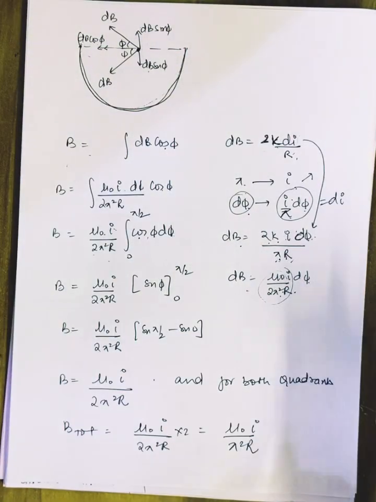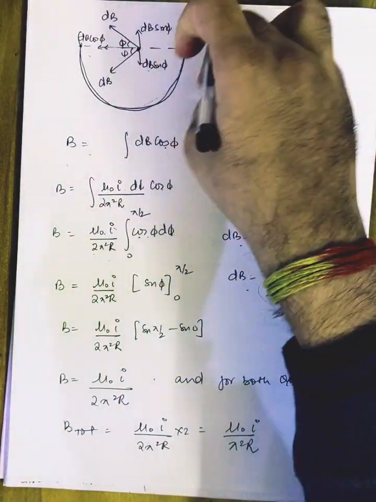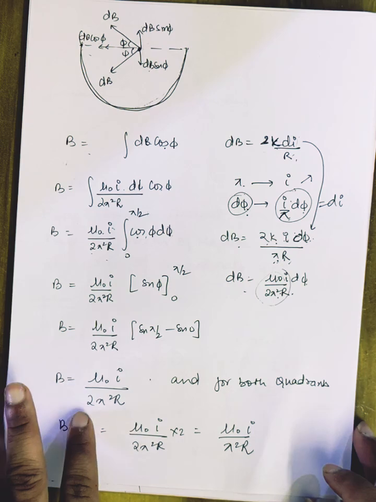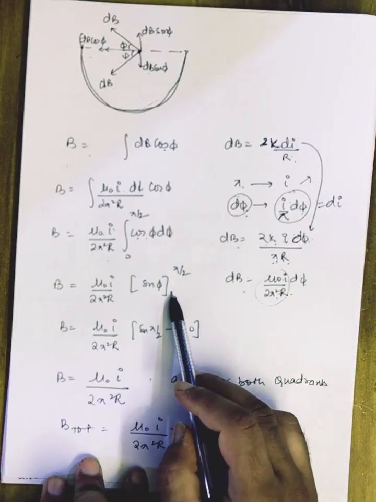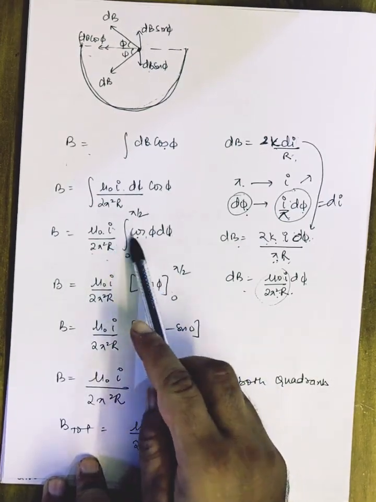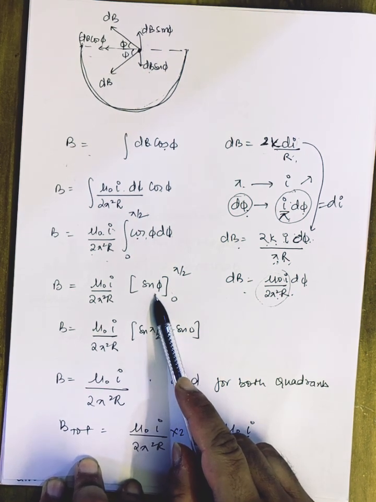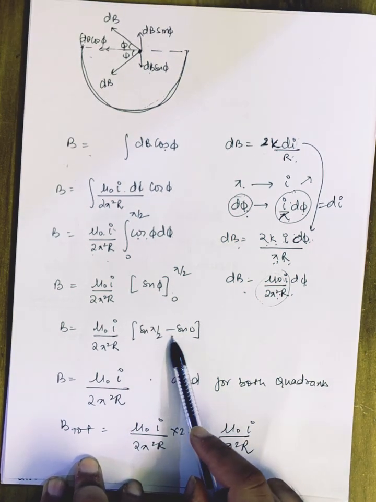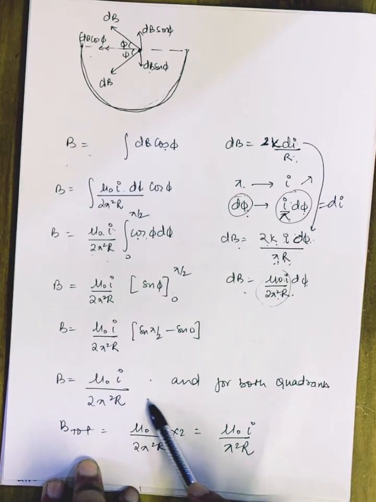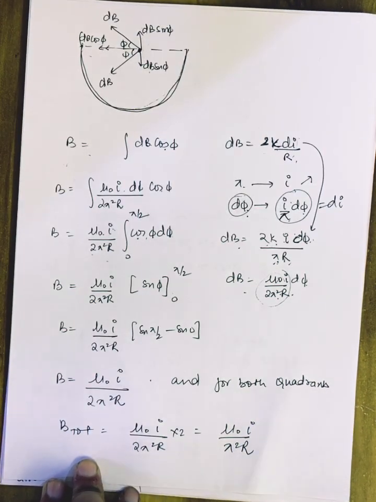So in the end I'll multiply by 2, because both quarters contribute to the field. The integration of cos phi is sin phi. Plugging in the values, sin pi by 2 minus sin 0, you get this. For both the quarters, you multiply by 2 and you get the answer.